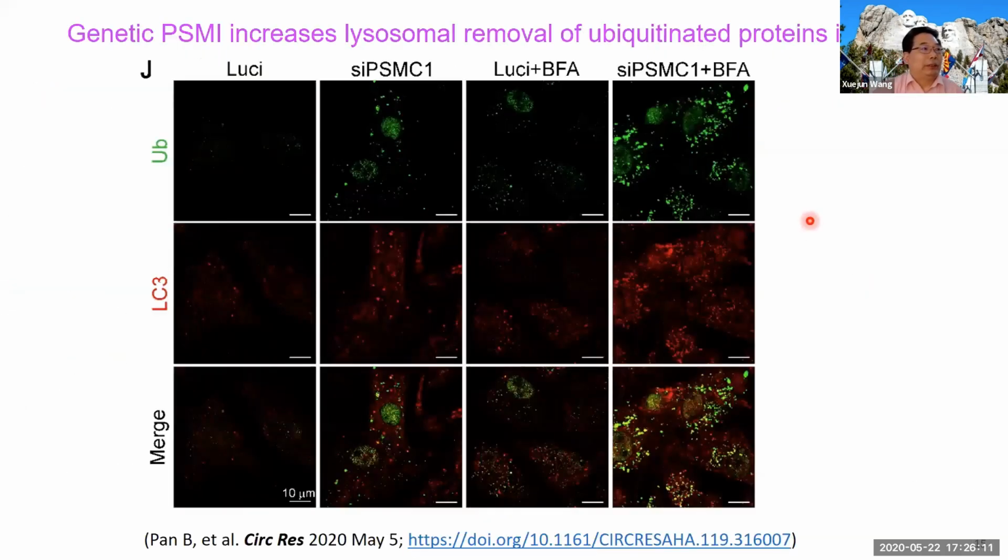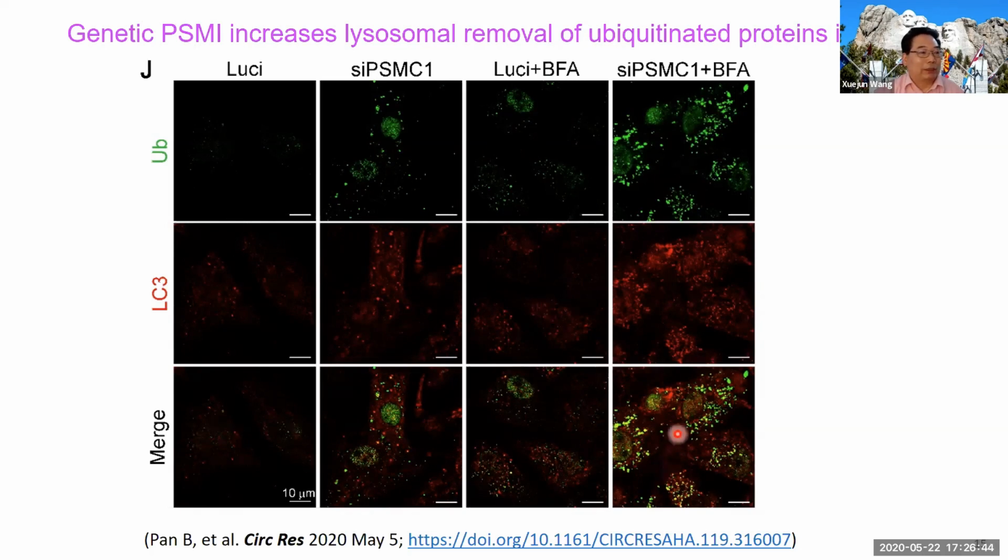And when we performed immunofluorescent confocal microscopy to double label ubiquitin and LC3, you can find here that, first of all, the ubiquitin conjugates are increased in the PSMC1 knockdown cells. And after lysosomal inhibition, there's a much more dramatic accumulation of these ubiquitin aggregates compared to the control cells.